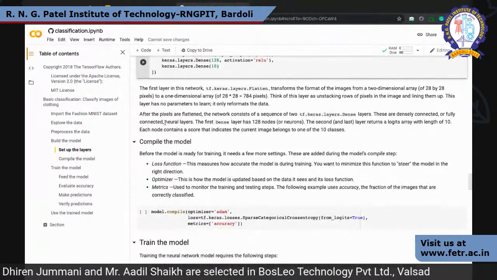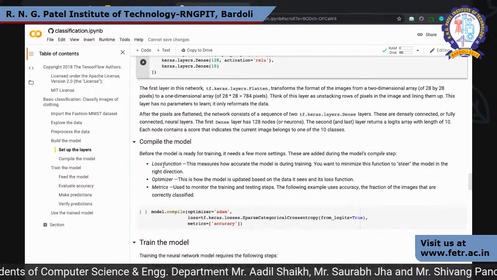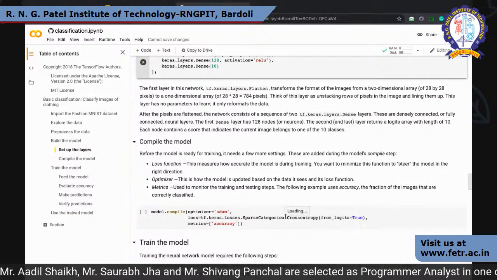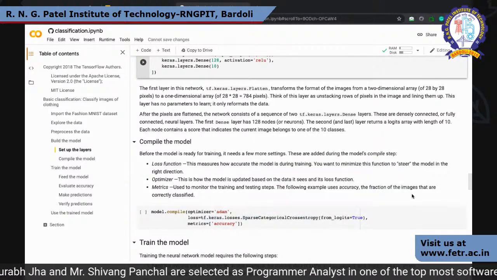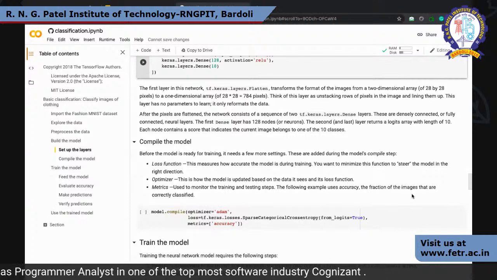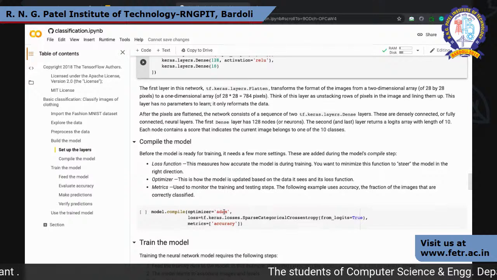Okay, now let's compile the model. There are three major things in the compilation part. The first is the loss function, which is the sparse categorical cross entropy. Because we are dealing with multiple category data, we'll use sparse categorical cross entropy rather than binary cross entropy, right? Optimizer, which is Adam. We had seen gradient descent and stochastic gradient descent in the last lecture.